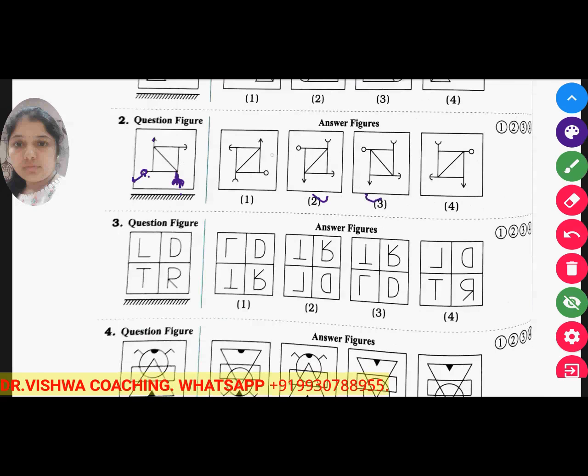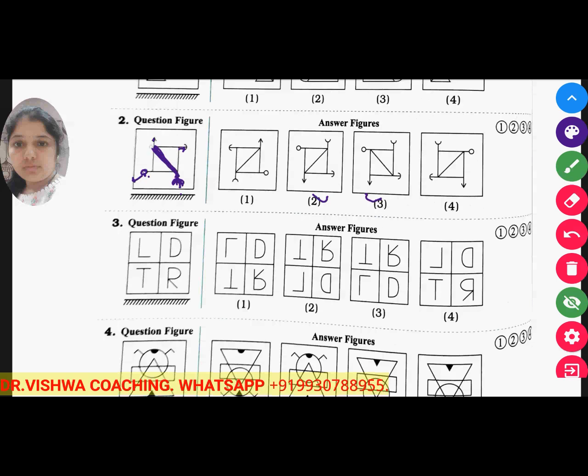Now I will check for the others. This arrow is upward and this arrow is going to the right. So in both of the figures the same thing is happening. Now you get confused about which is your answer. Now see this diagonal.